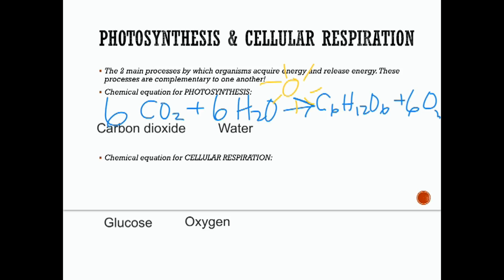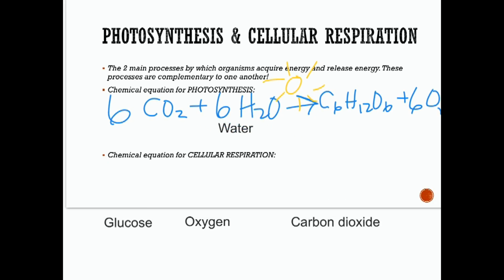Our reactants in photosynthesis, which is carbon dioxide, oh my goodness, that's going to be produced in cellular respiration, as well as water. And also your sunlight or energy, but it's actually going to be in the form of ATP.